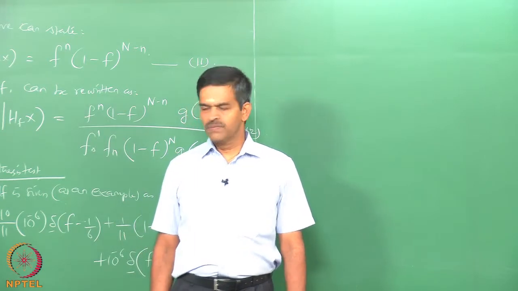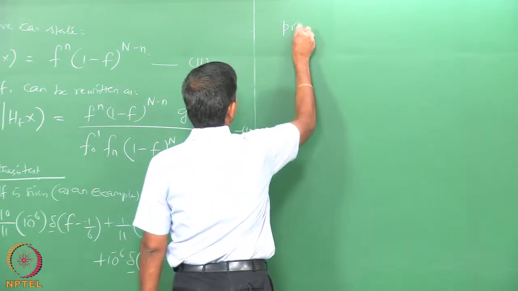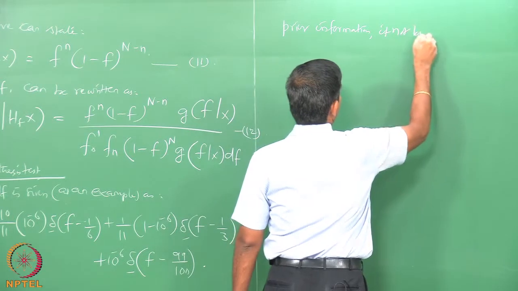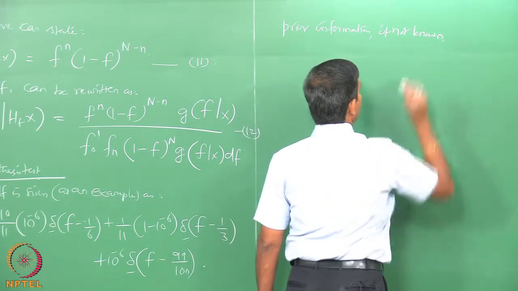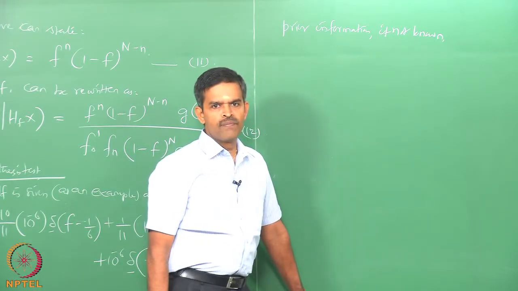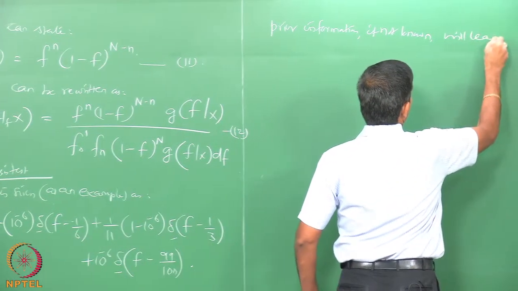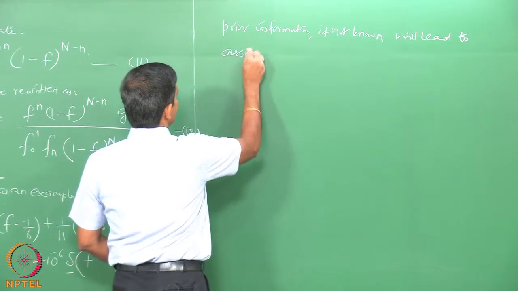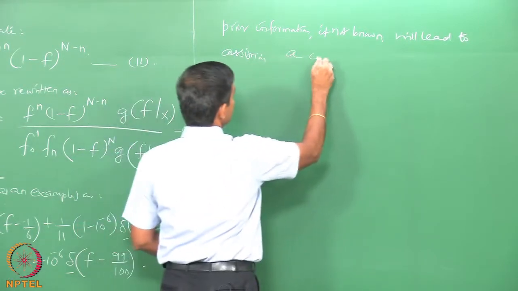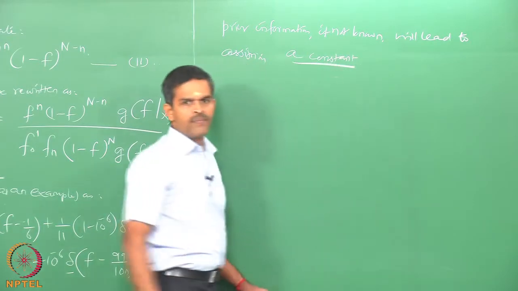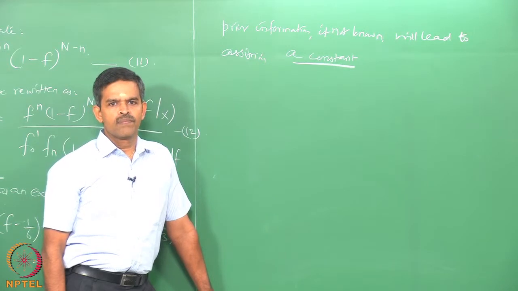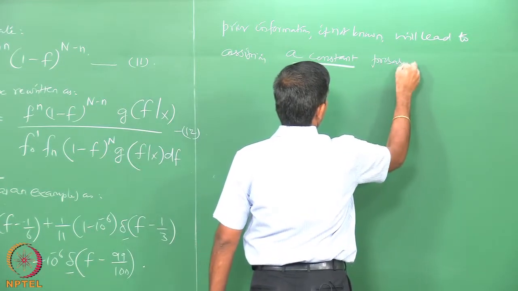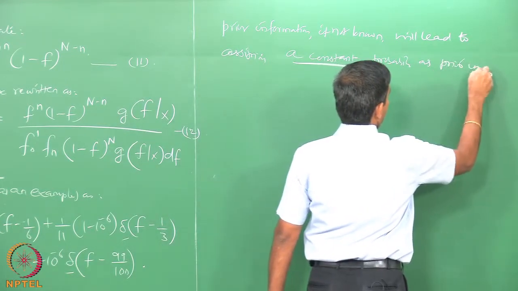So, prior information, if not known, will lead to assigning a constant probability as prior information.